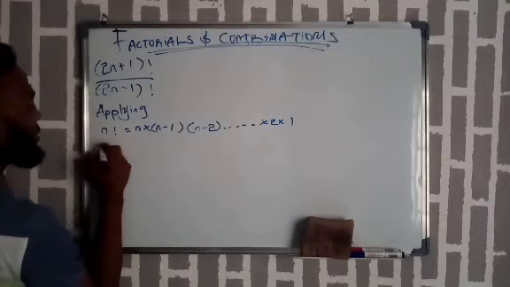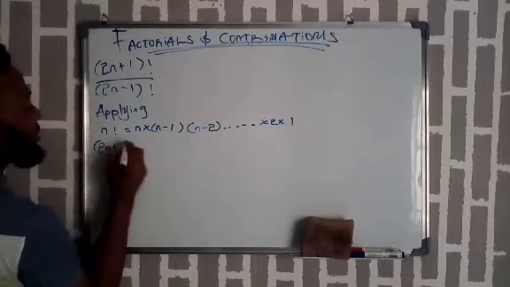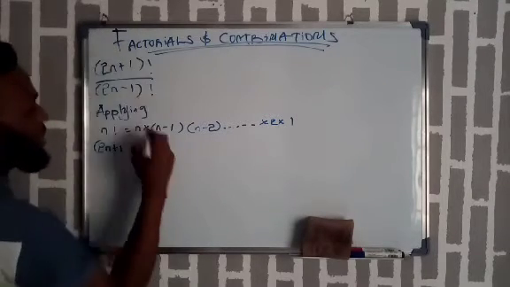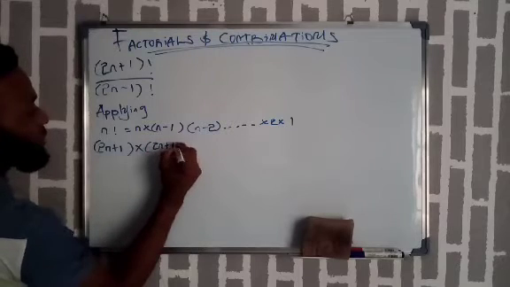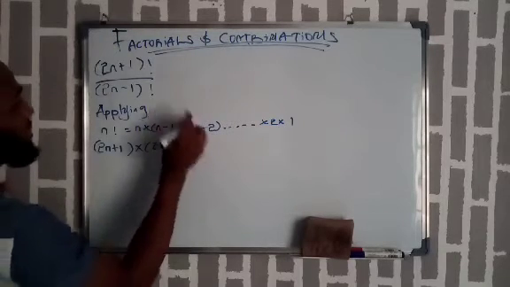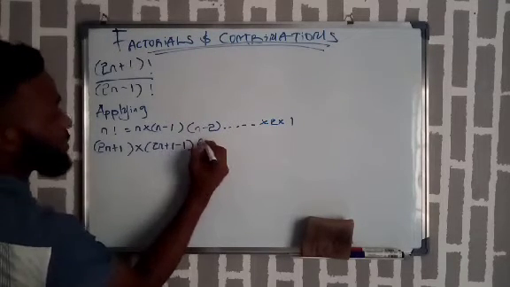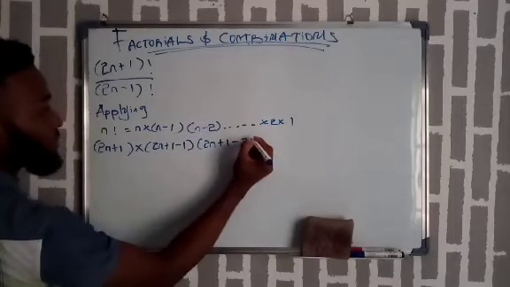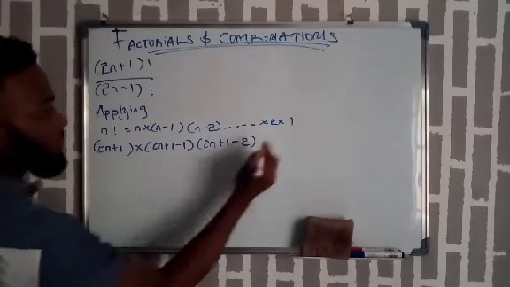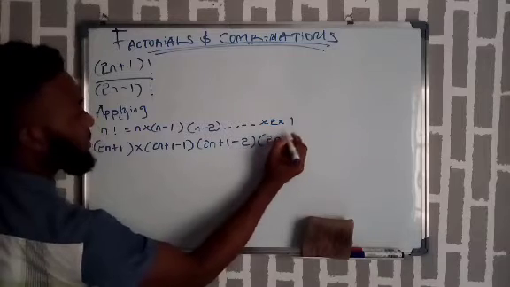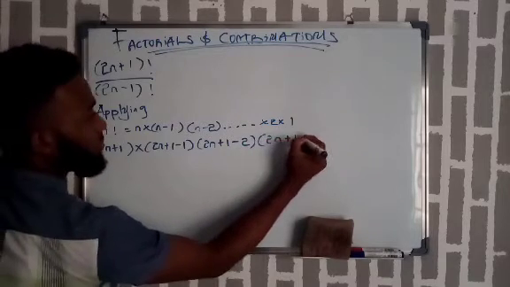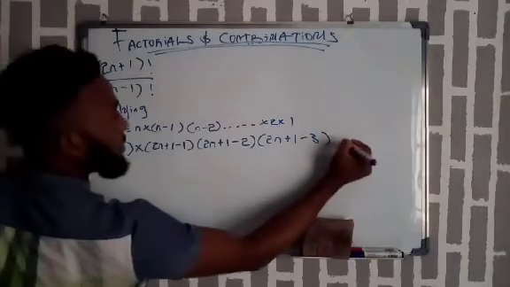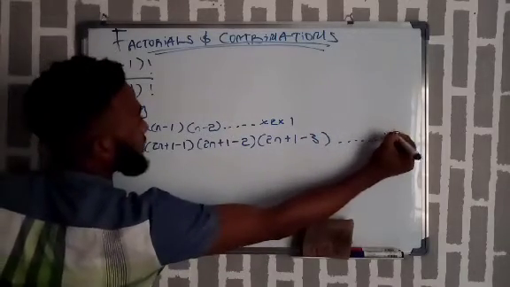So it becomes 2n plus 1 multiplying 2n plus 1 minus 1, then 2n plus 1 minus 2, then 2n plus 1 minus 3, and so on and so forth.